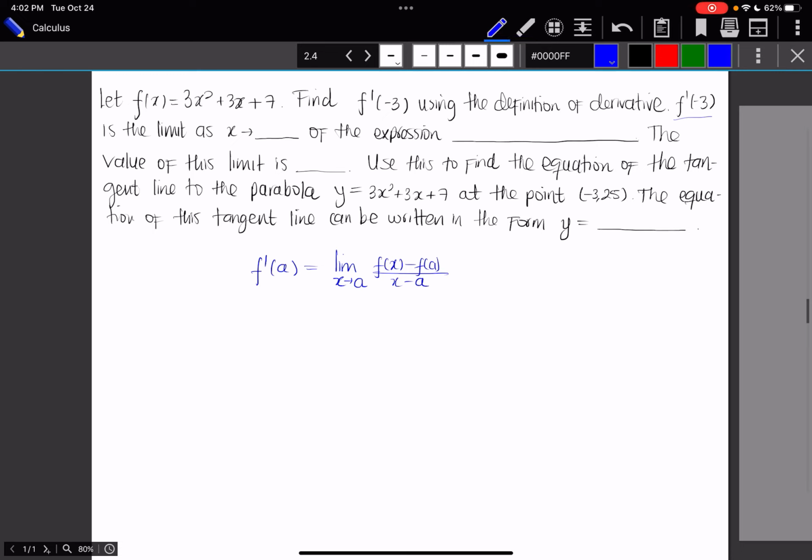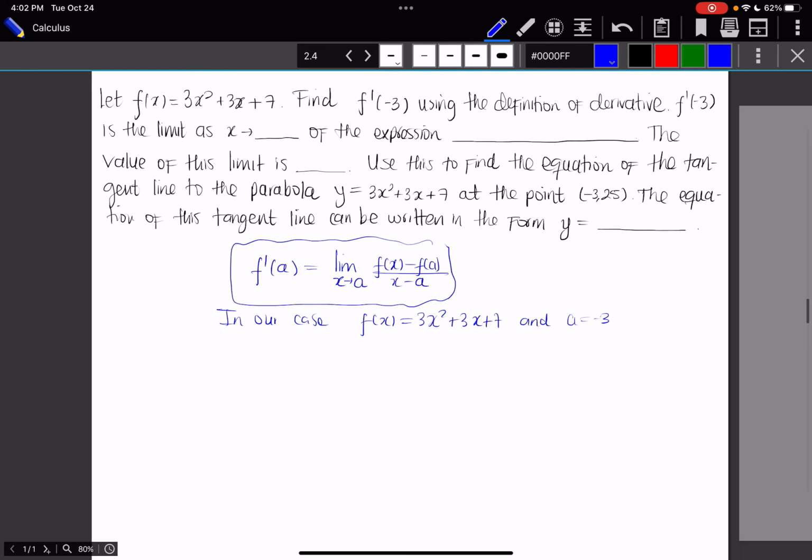Now, according to this definition, we take the limit as x goes to a of f of x minus f of a over x minus a. In our case, our f is 3x squared plus 3x plus 7, and our a is -3, because we're interested in finding the derivative at the number -3.